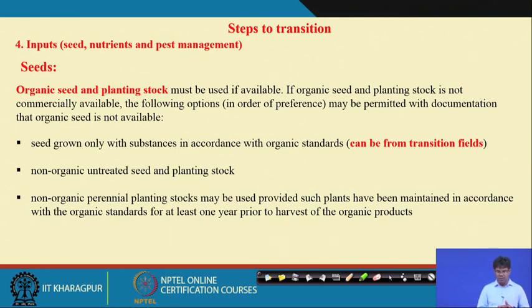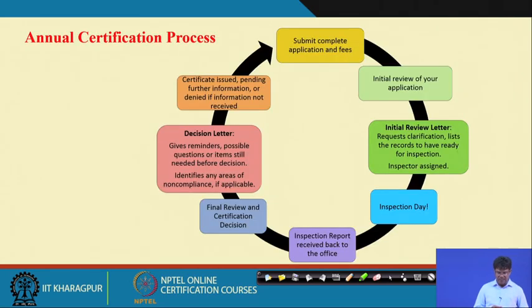Seed grown only with substances in accordance with the organic standards, and non-organic untreated seeds and planting stock can be used. Non-organic perennial planting stock may be used provided such plants have been maintained in accordance with organic standards for at least 1 year prior to harvest of the organic products. So, these are some of the points to be considered when you go for organics.